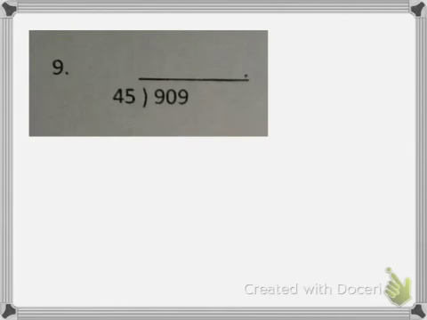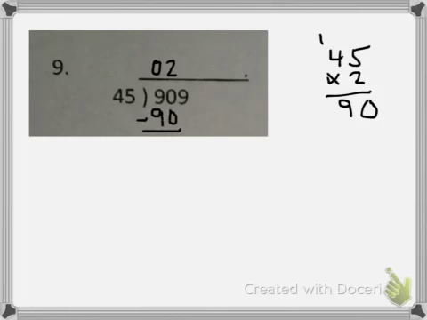Number 9. 45 can go into 9 0 times, but it can go into 90 twice. 45 times 2 is exactly 90. So our difference is 0, we bring the 9 down. From here, 45 cannot go into 9, so we need to put a placeholder above the 9 to show that. 0 times 45 is 0, and we're left with a difference of 9 again.